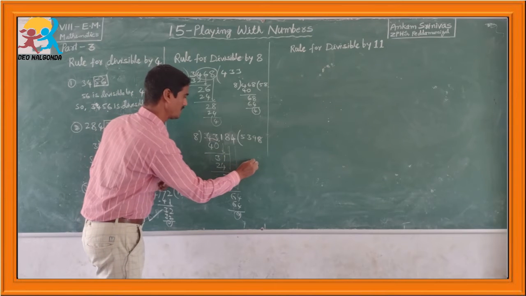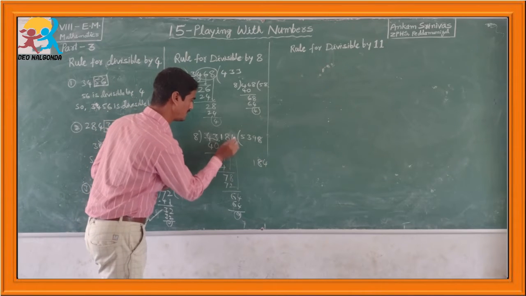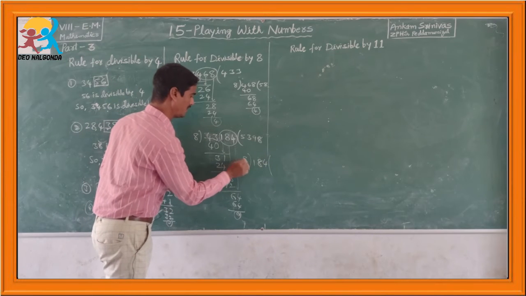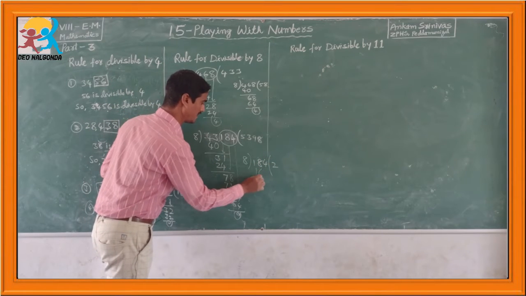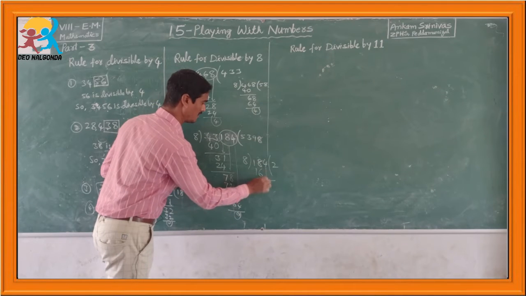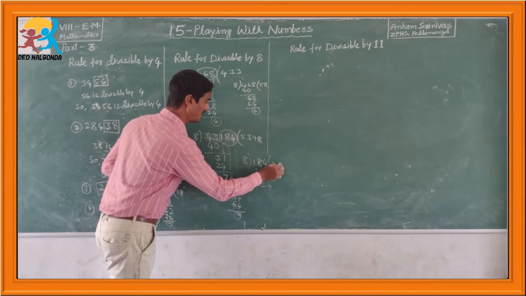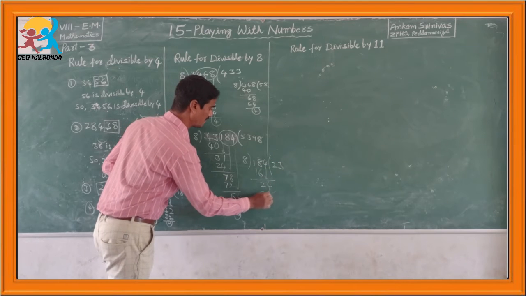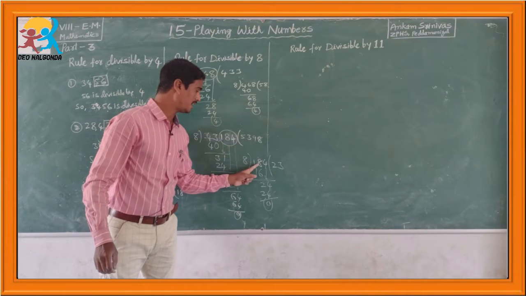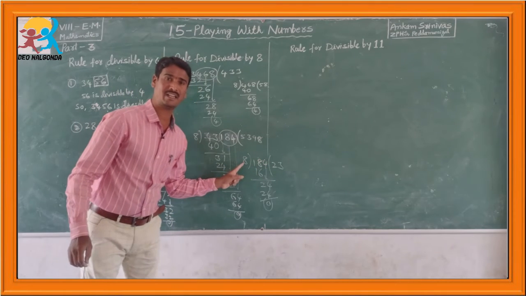Here 184, the last 3 digit number. 184. 8 2s are 16. 18 minus 16, 2. If I take 4, 8 3s are 24. What is the remainder? 0. So 184 is divisible by 8.